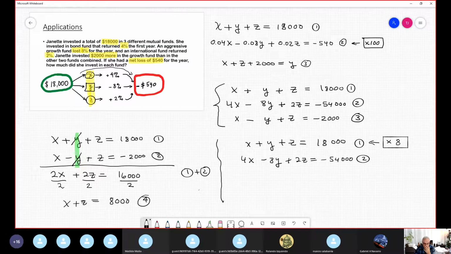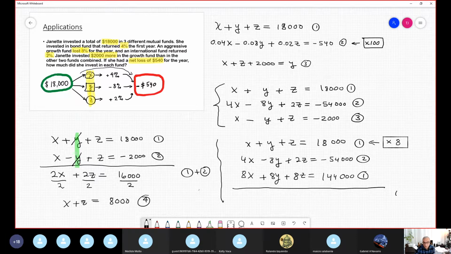When you multiply the entire equation by 8, we have 8x plus 8y plus 8z is equal 144,000. Okay, it's the multiplication 18 times 8, no? This is my new equation 1.